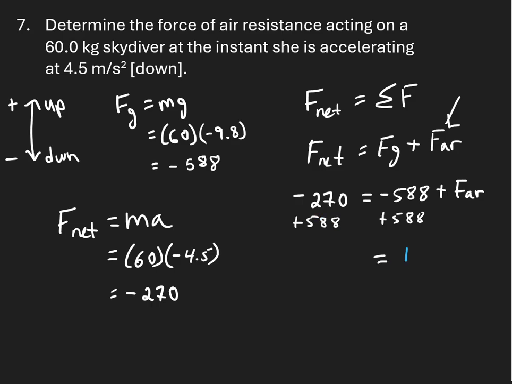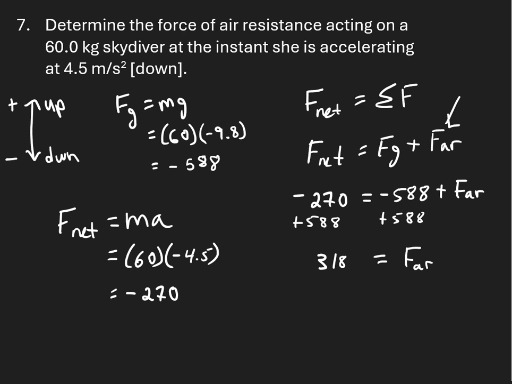That means we're just going to have force of air resistance left on the right-hand side. And on the left-hand side, we've got 270 plus 588, and we're going to end up with 318 newtons.